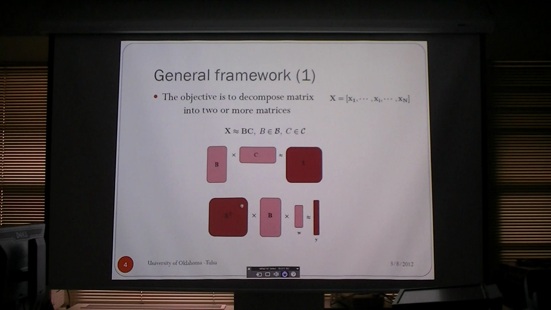In our problem, we have a set of input data. We call it X, and each X1 to Xn is a sample of the data that we extracted from the original data, reordered as a column vector, and put into the big matrix X. We want to decompose the X matrix into two different matrices, B and C, where B is our basis, which we want to have some properties that I will explain, and C is the loading coefficient of each basis for each sample.